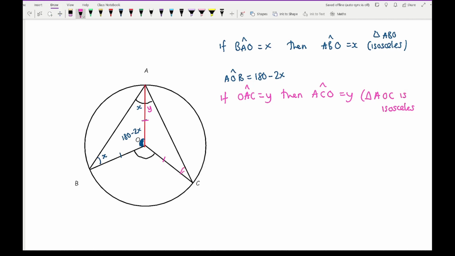So this angle here is also going to be y, and this angle here therefore is going to be 180 minus 2y. Now from that, what I can then do is work out what this angle here is.